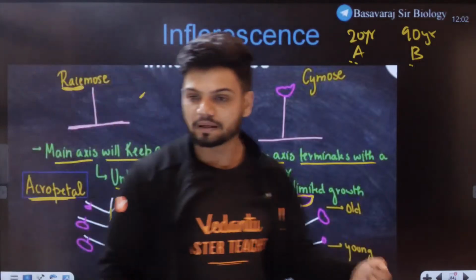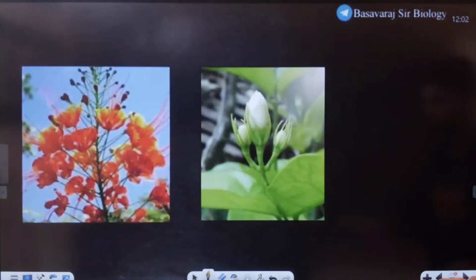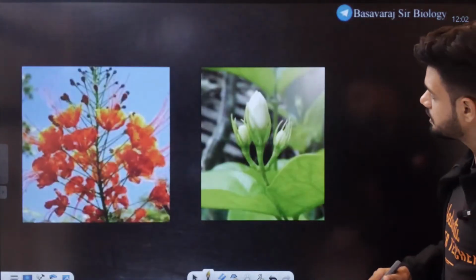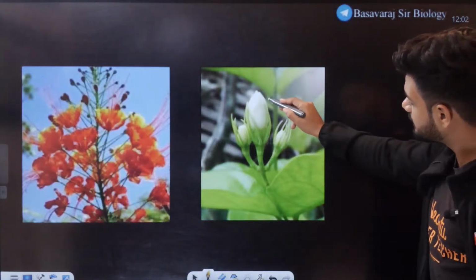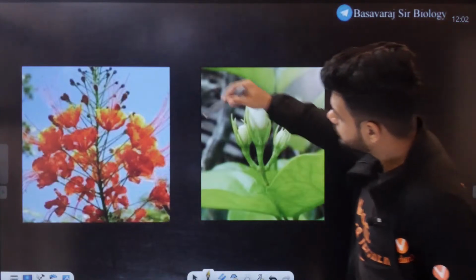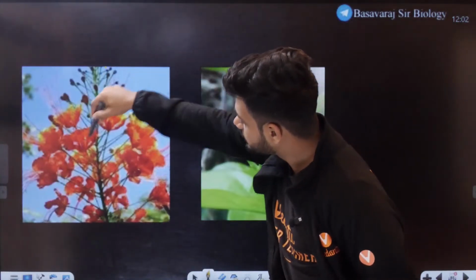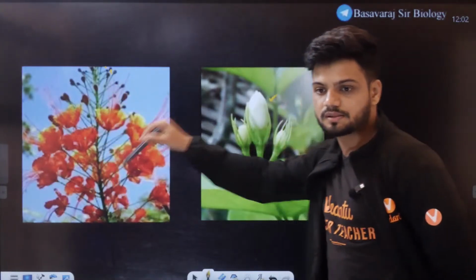Basipetal, acropetal. Very simple difference. Now, can you see it, students? Old at the top, cymose. Here, young at the top, old at the bottom, this is racemose, and that is cymose.